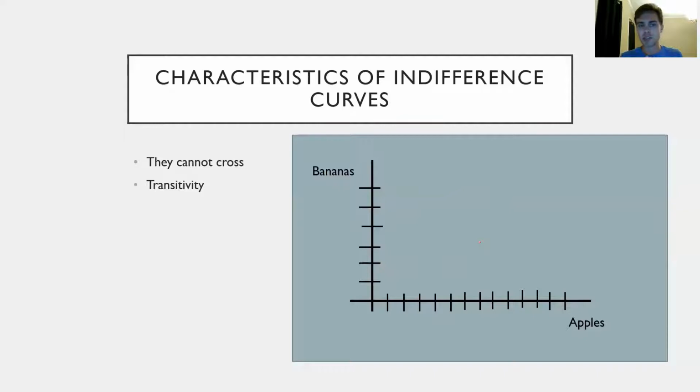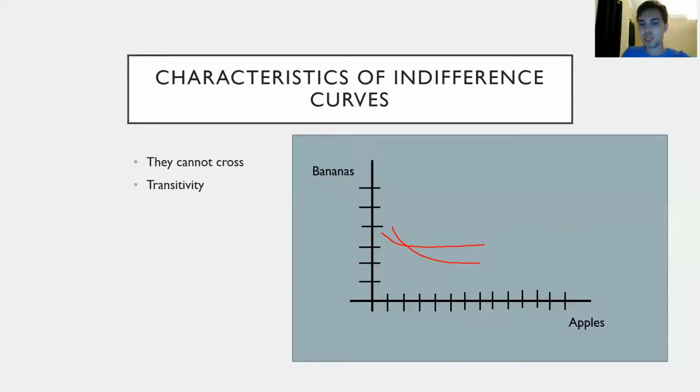Okay, and so indifference curves also cannot cross, and I'll show you this, and we know this because of the property of transitivity. So I'll draw out 2 indifference curves and make them cross, and then I'll show why it doesn't make sense. So this is what I mean by crossing. The indifference curves overlap.